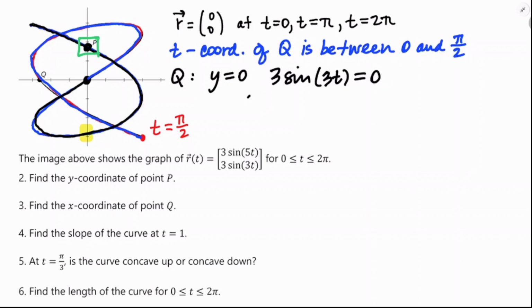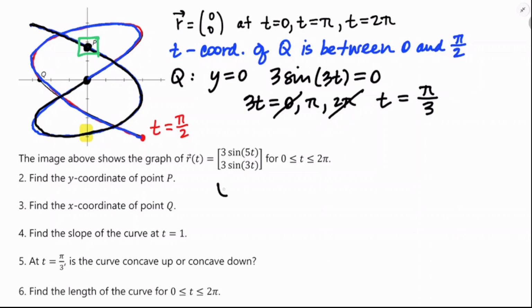So that's going to be 3t equaling 0, 1 pi, 2 pi. But even still, I think that's gone too far because when I divide 2 pi by 3, that's bigger than pi over 2. So I'm going to get that one out of there. t equals 0 is also out of there because at t equals 0, the curve's at the origin. So I know that the t-coordinate of Q is pi over 3.